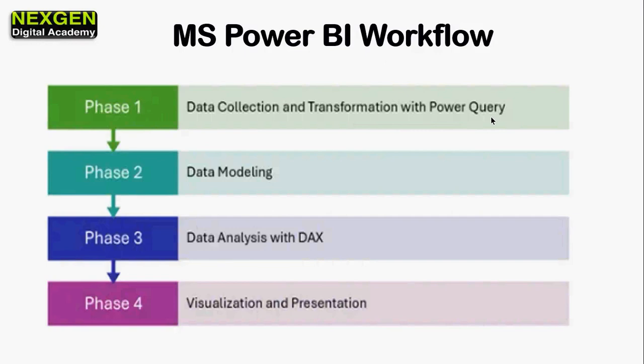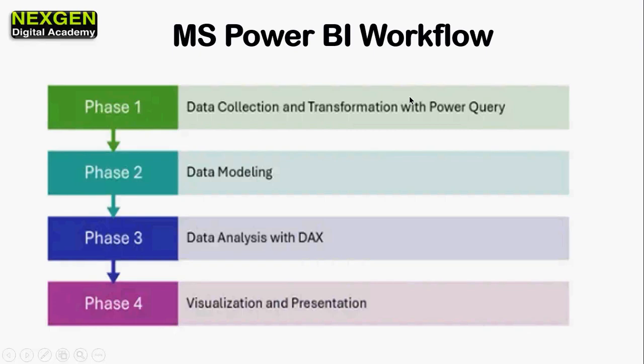In Power BI, you can use Power Query to transform and clean the data. So in this first phase, we connect the data, then after connecting, we clean and transform the data using Power Query itself.